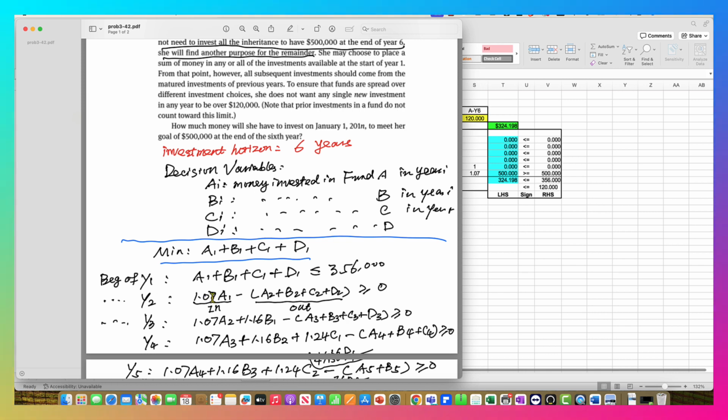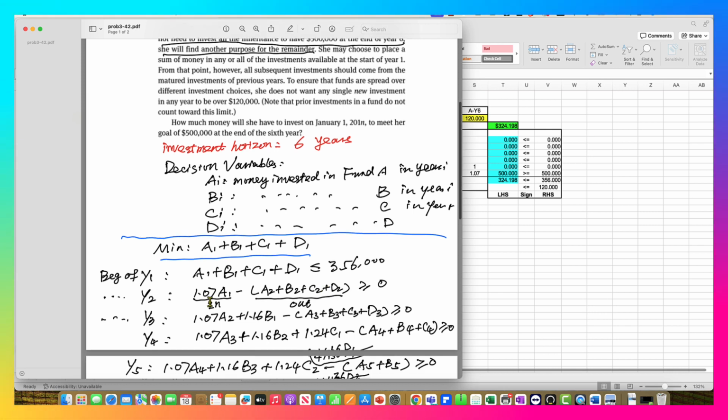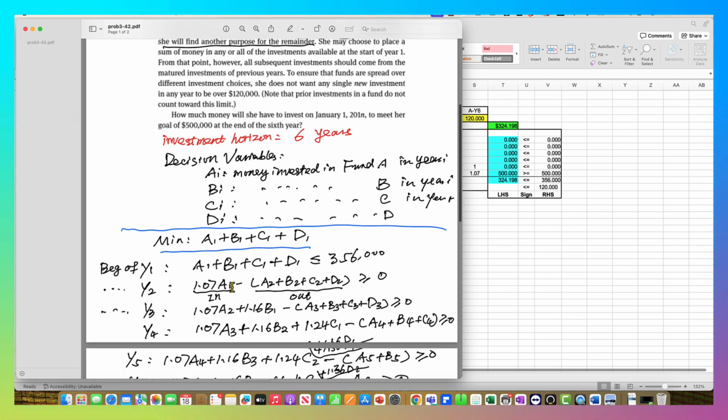In year 2, A1 will mature by the end of year 1. Total available money is 1.07A1. There are 4 options to invest in all 4 instruments. 1.07A1 is the money available, and over here is the money invested. Money flowing in must be greater than or equal to money flowing out.